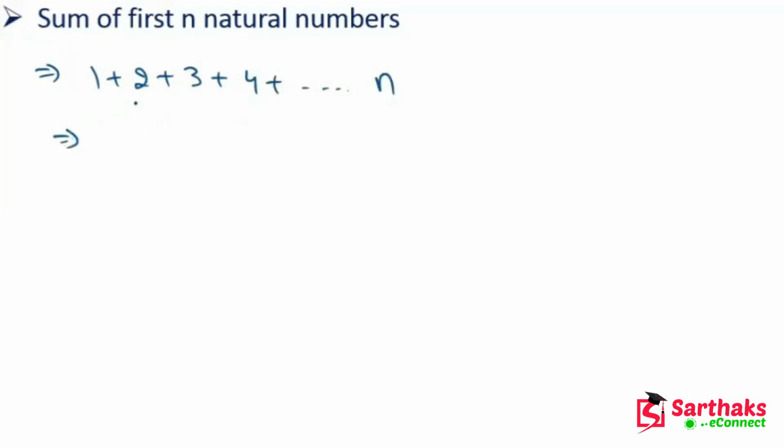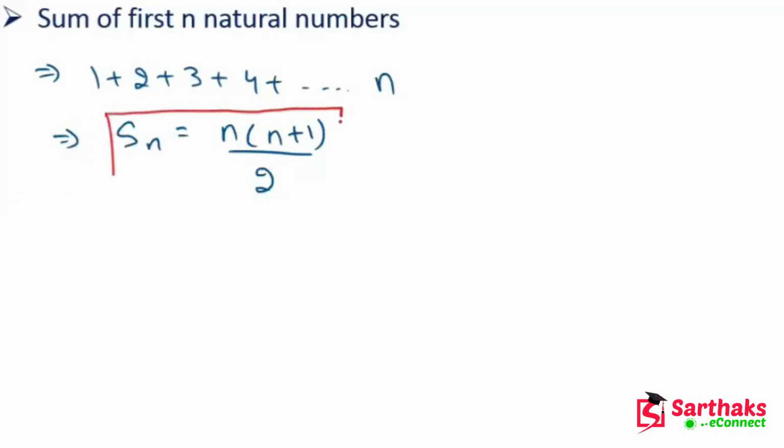If we want Sn, how can we do it? We can do it by n into (n plus 1) divided by 2. This is the sum of n natural numbers. I hope you got it.